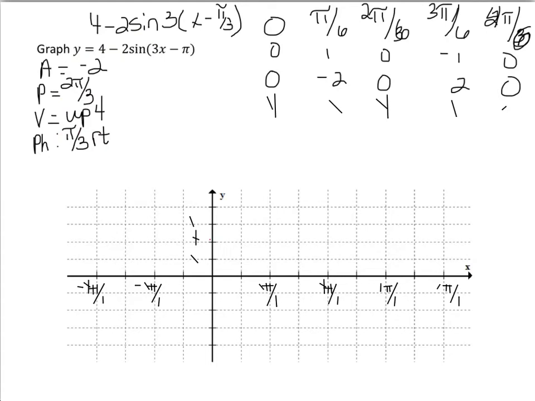Pi over 6 is at positive 2. 2 pi over 6 is back to 4. Positive 6. 4. I'm sorry, this is not a 0. This is a 4. And I can again repeat that pattern. And repeat it going backwards.